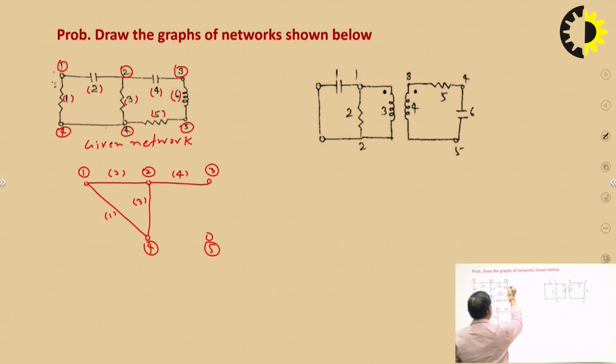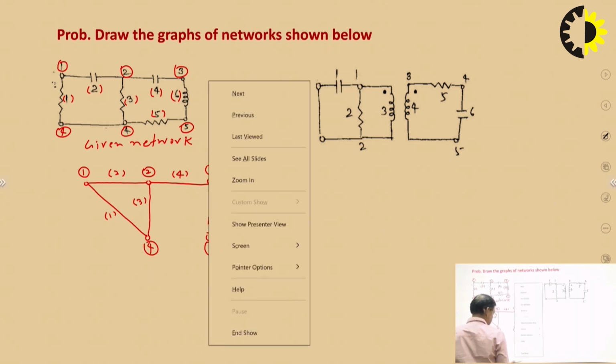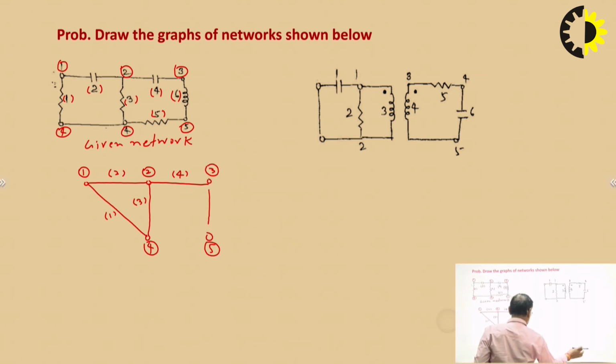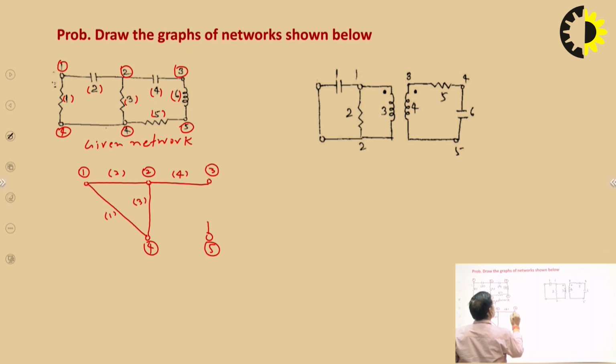Branch 6 connects 3 and 5. And branch 5 connects 4 and 5. So this is the given network and this is the graph of the network.